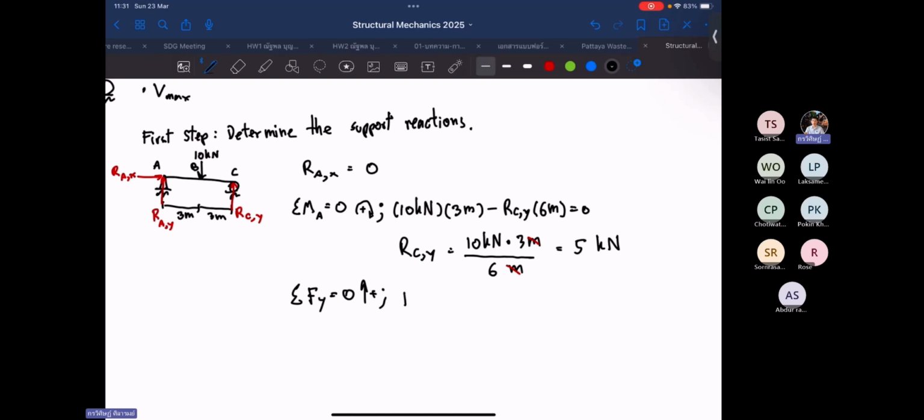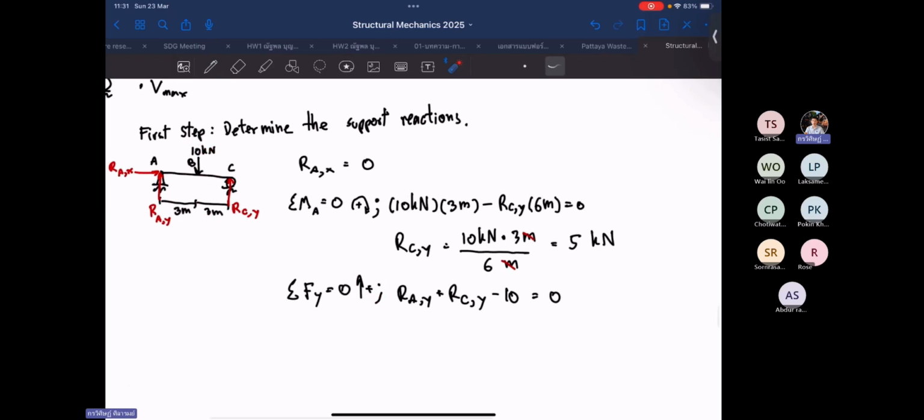Then we can say that RAY plus RCY minus 10 must be equal to 0. Minus 10 because this one is downward. I said that upward is positive, so downward must be negative.